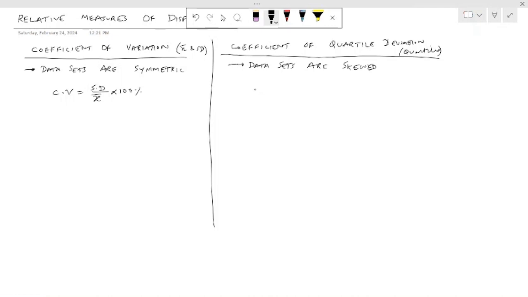The formula for coefficient of quartile deviation is the interquartile range, that is simply the difference between Q3 and Q1, divided by Q3 plus Q1, and multiplied by 100%. So again, since this is a ratio, we can interpret our answer in percentage terms.